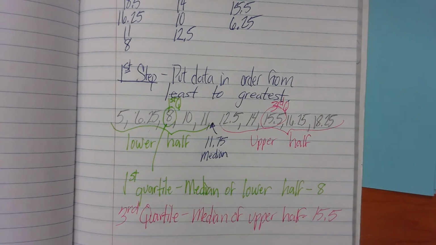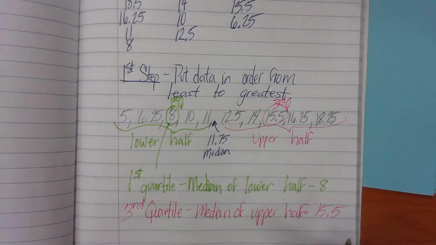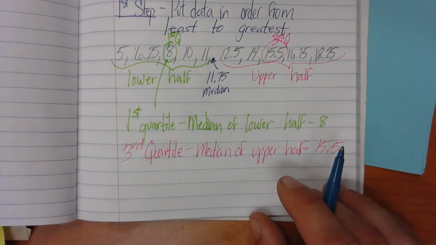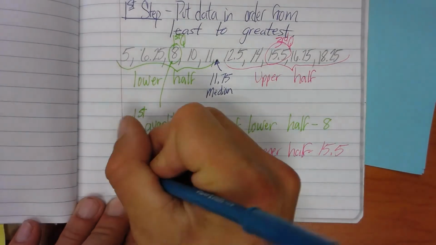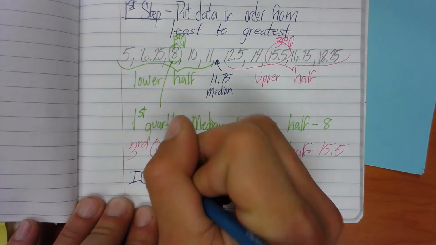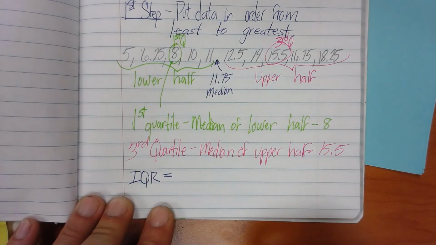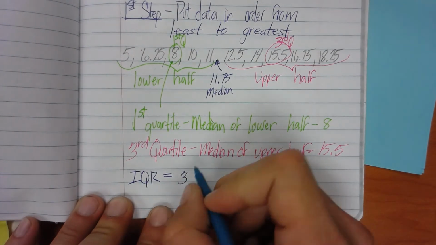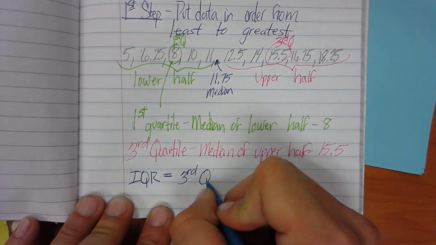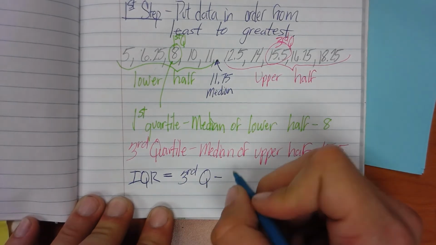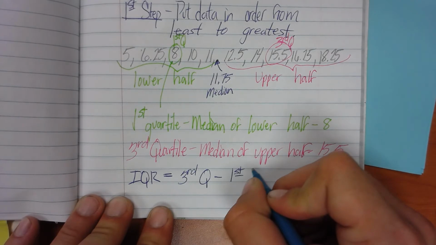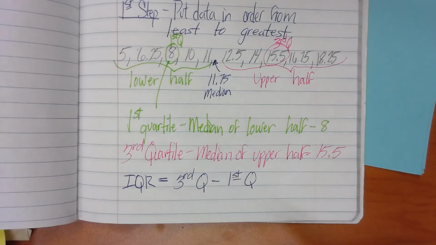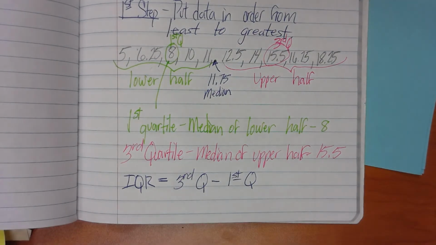But to find the inner quartile range, IQR equals third Q minus the first Q. So it's looking for the range of the middle of your data.